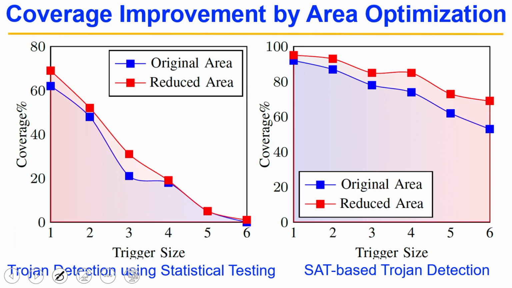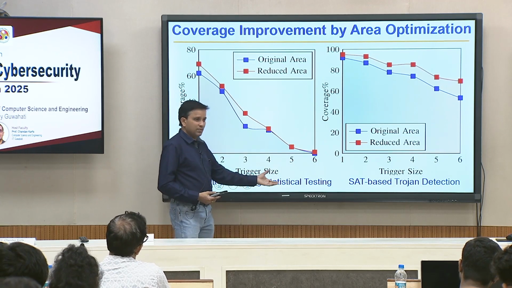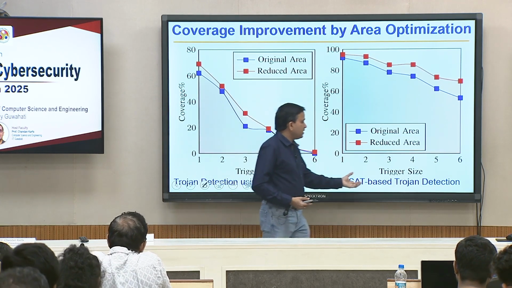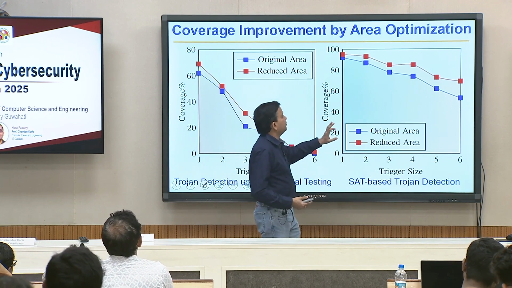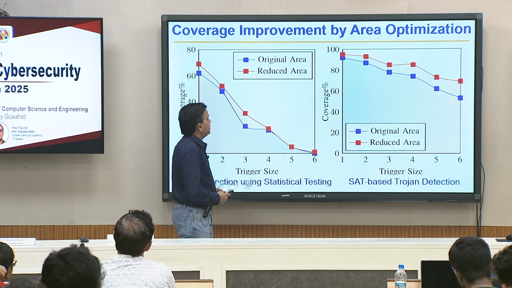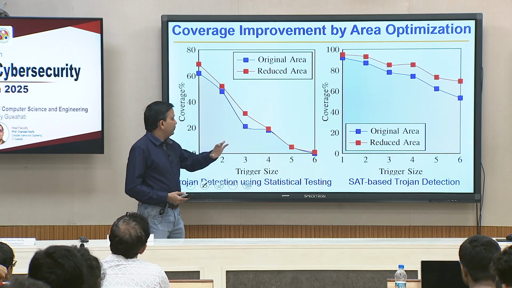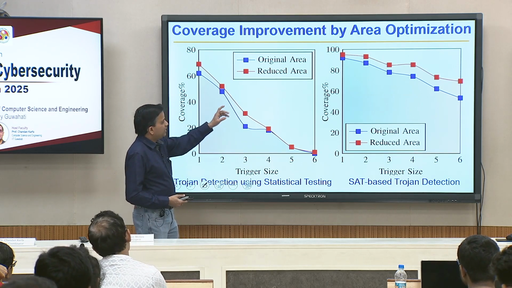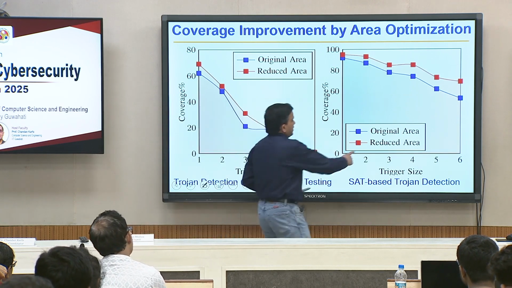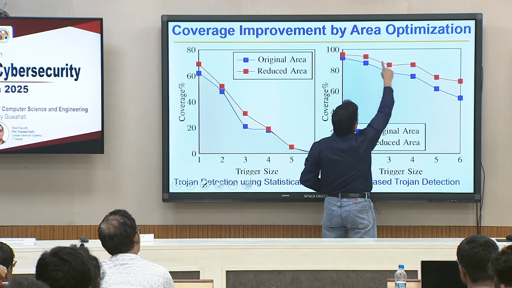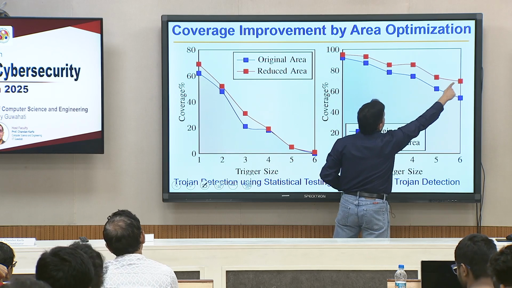But how do I prove it? To prove that, we run different techniques. Of course, I did not talk about the techniques yet, but different techniques like statistical testing, which I will talk about in a moment, and satisfiability based detection and all that, and you would observe that if you have the same design with the reduced area, then the detection probability or detection accuracy goes up.